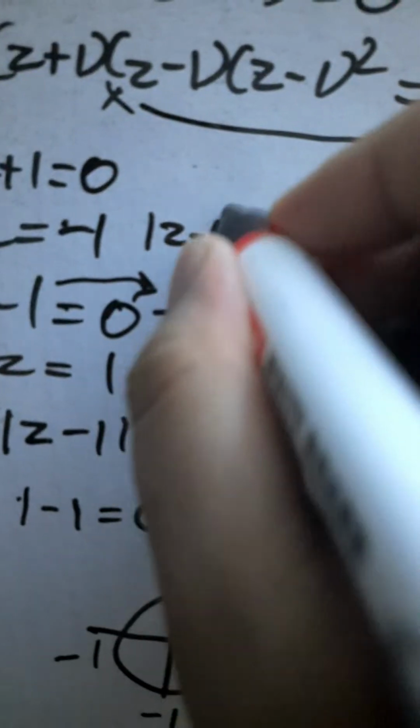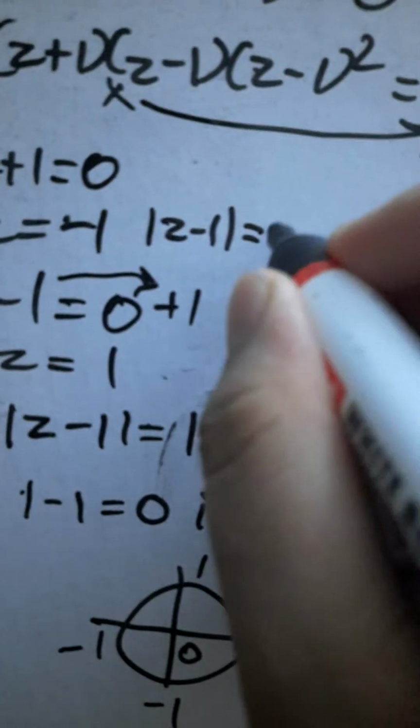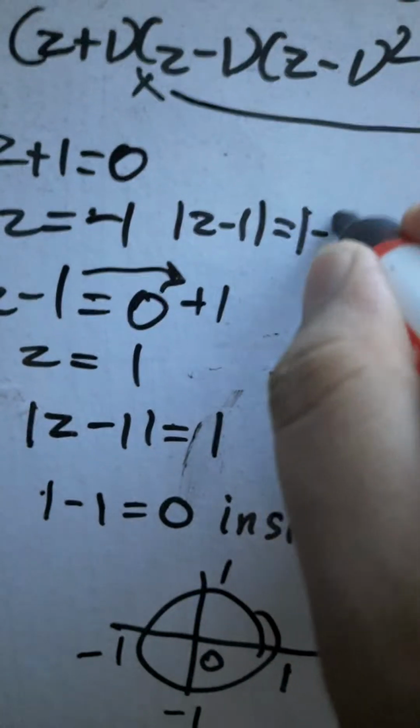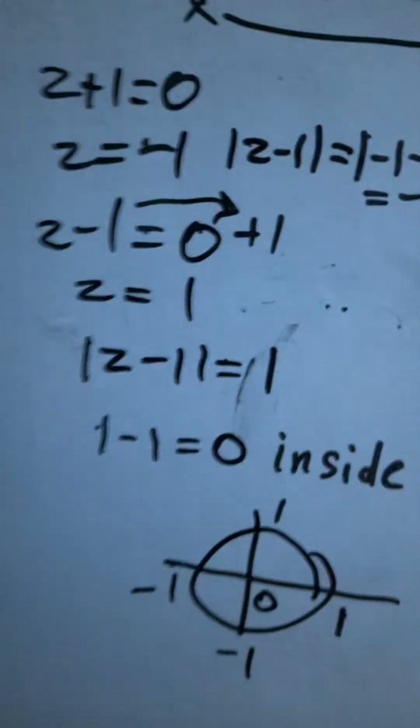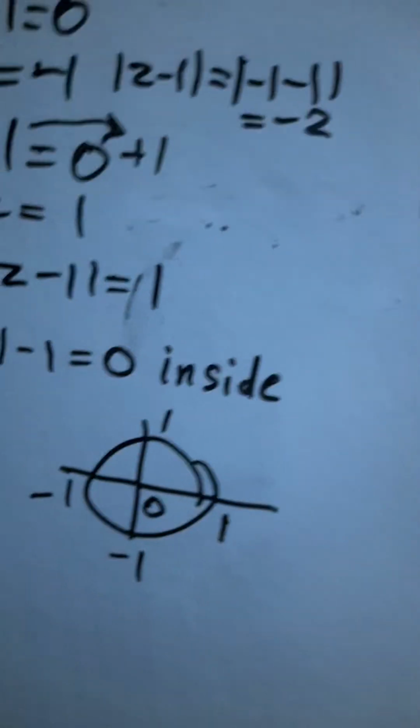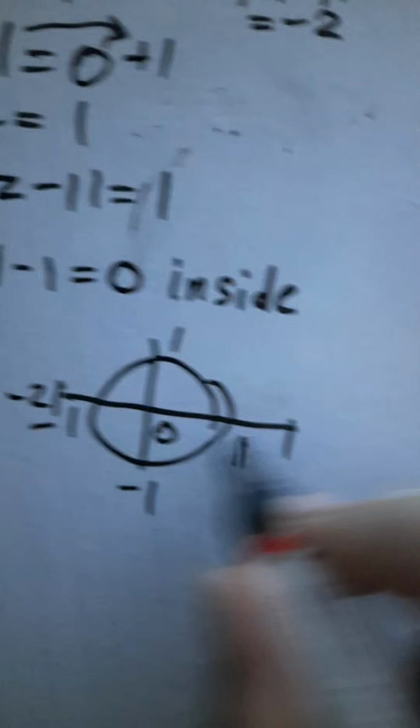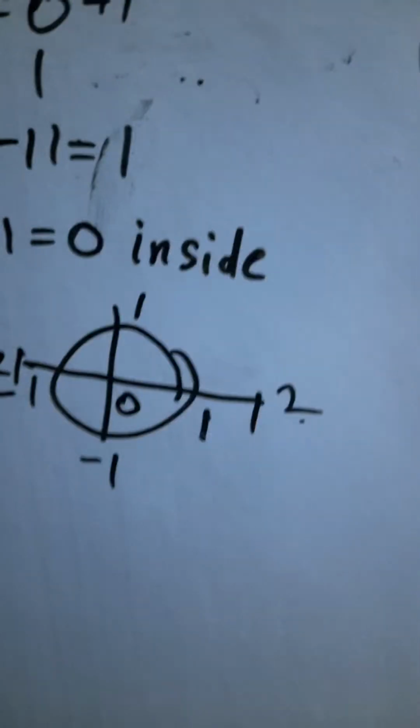So z equal to minus 1, so z minus 1 is equal to mod minus 2, which is 2 or minus 2, whatever it is. But even if it is 2 or minus 2, it would be outside the circle, okay?